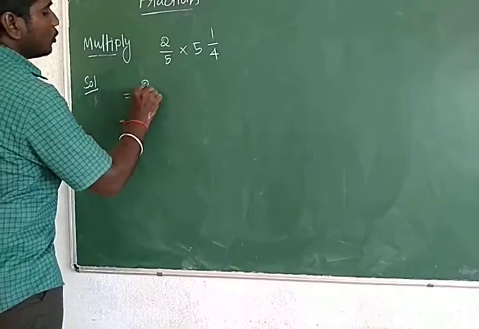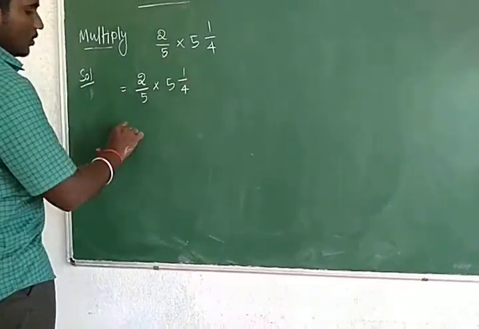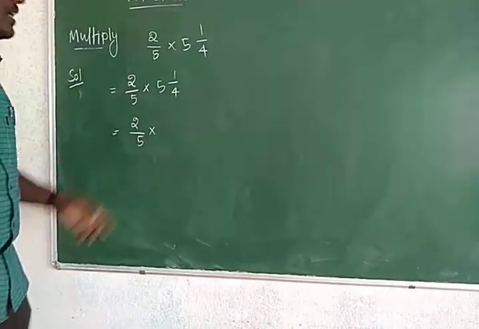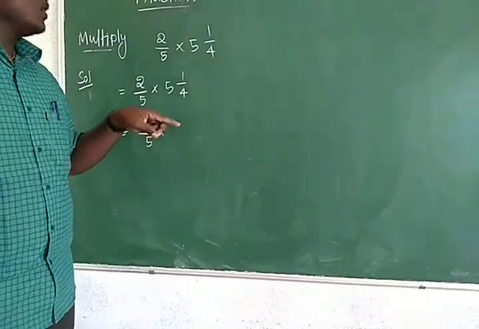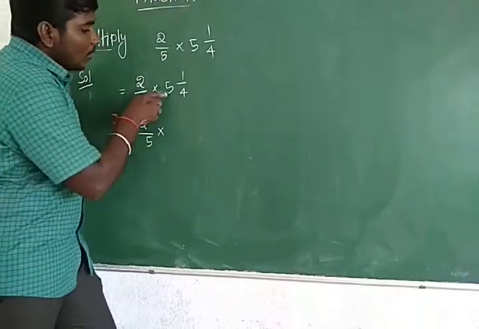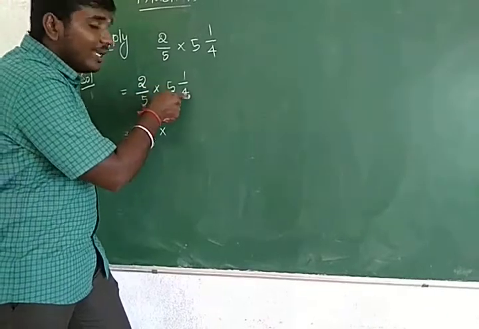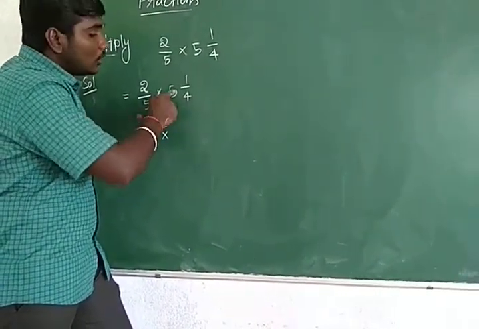First write the question: 2 by 5 into 5 1 by 4. This one you keep as same: 2 by 5. The mixed fraction, convert into improper. So what is the concept? Mind it, students. It is a whole number. The whole number multiplied with the denominator: 5 4s are 20.